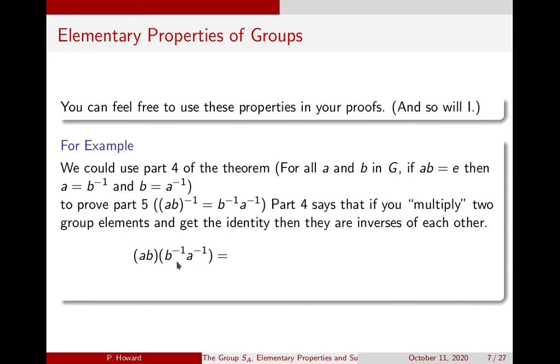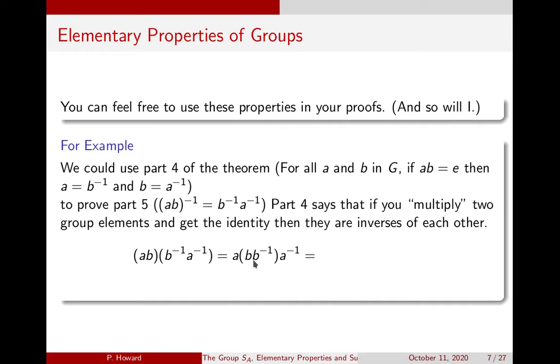And now I had put parentheses in, although we have agreed that it's okay to leave them out because of the associative law. But for this particular proof, I'm including parentheses. So I'm going to rearrange the parentheses using the associative law in this way. I get A, left parenthesis, B B inverse, right parenthesis, A inverse.